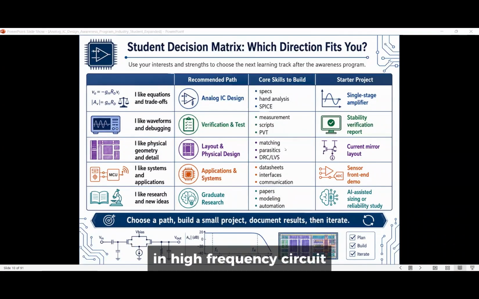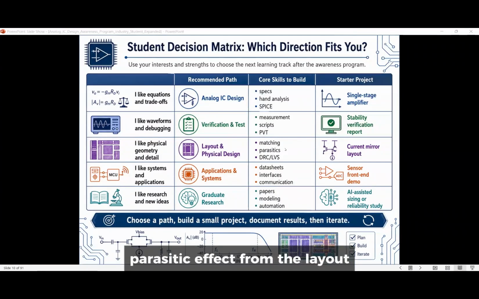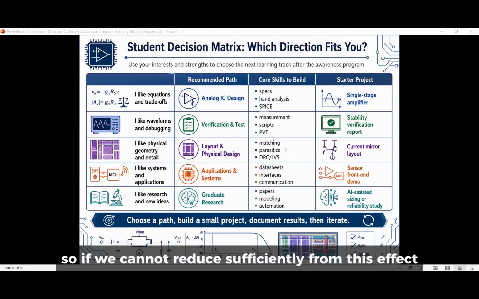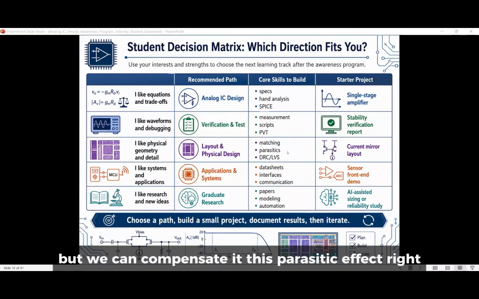In a high frequency circuit, the parasitic effect can reduce the gain at higher frequency. So normally we have to think about how to reduce this parasitic effect from the layout. If we cannot reduce it sufficiently, how can we compensate for it?